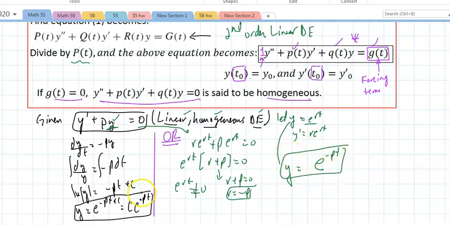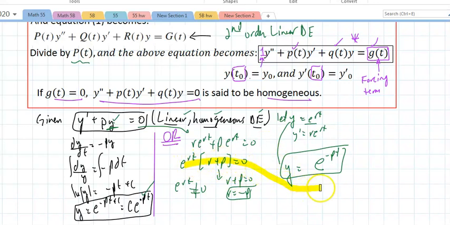Well, look at this and look at this. Now, by the way, something that they're going to ask for, this right here is called the characteristic equation.